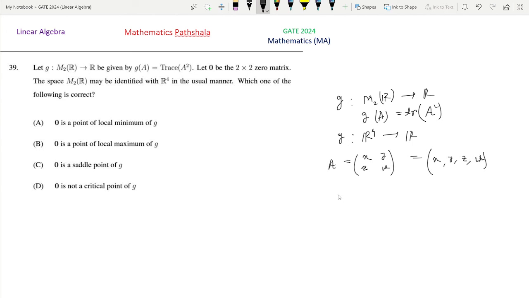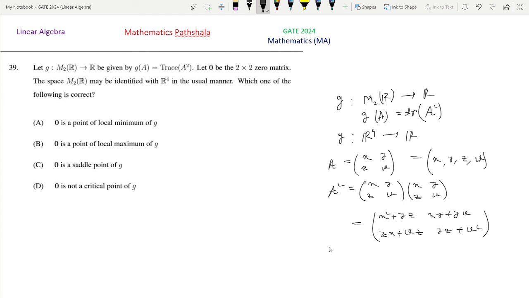If we calculate A square, it will be x square plus yz, xy plus yw, zx plus wz, and then yz plus w square.